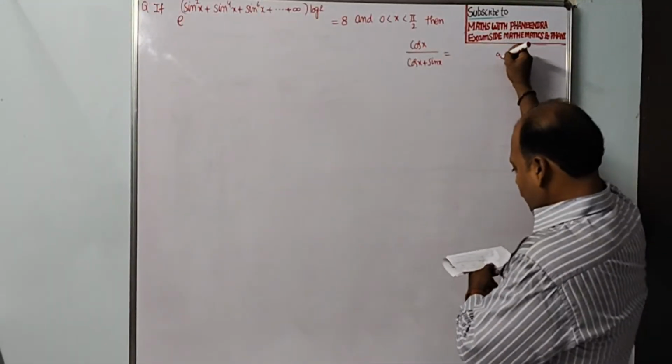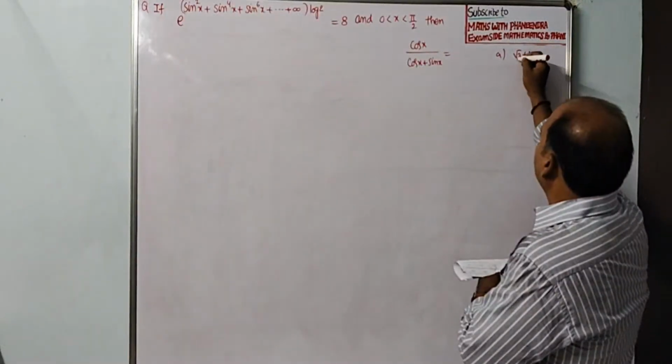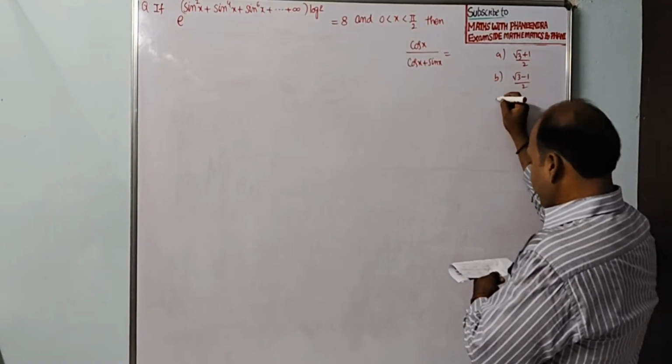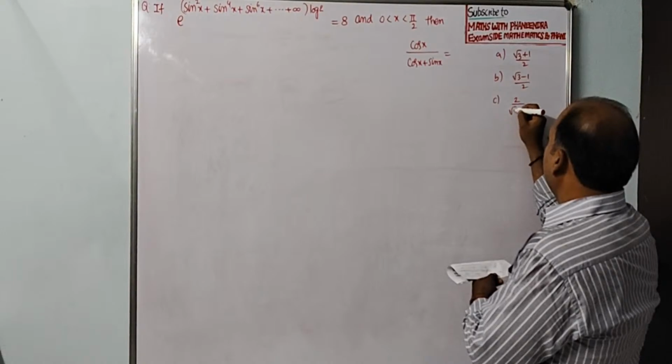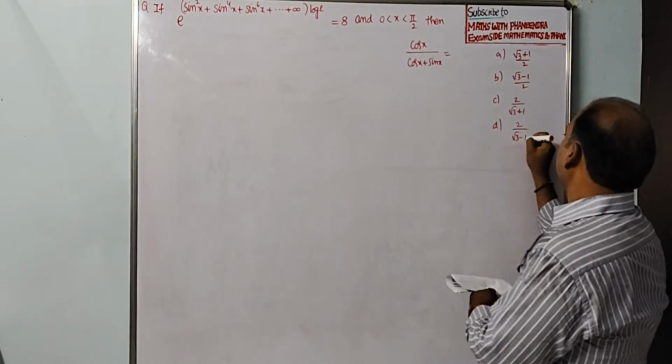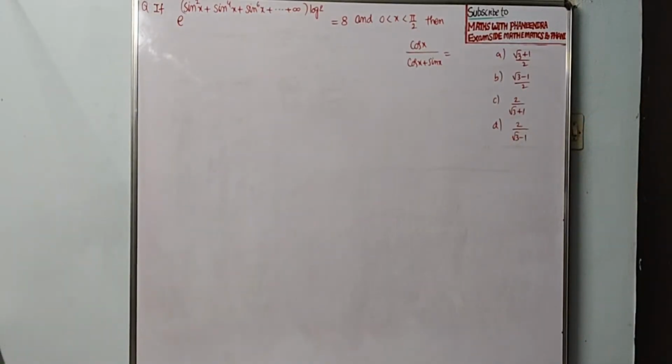The options are: root 3 plus 1 by 2, root 3 minus 1 by 2, 2 by root 3 plus 1, 2 by root 3 minus 1.